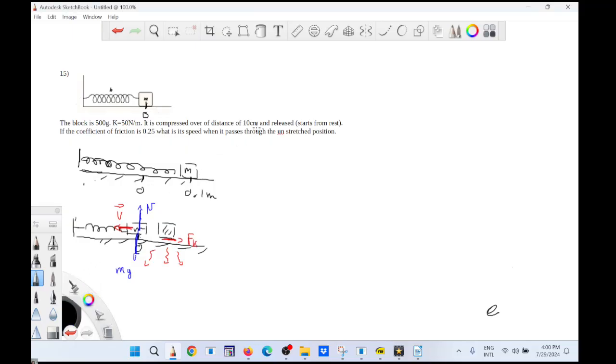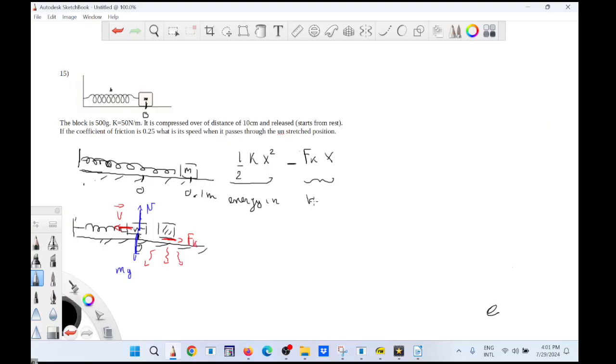So let's write conservation of energy. Before you release, everything was in elastic potential energy. That will be energy in. But some of it is lost to friction, so that will be the heat, the work done by kinetic friction.